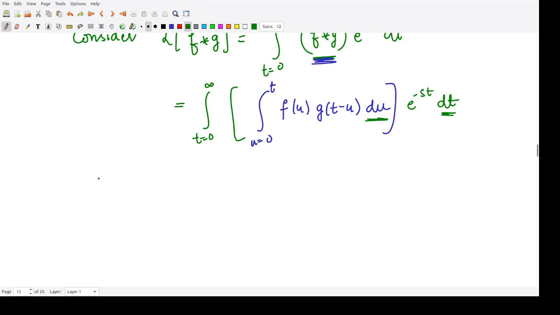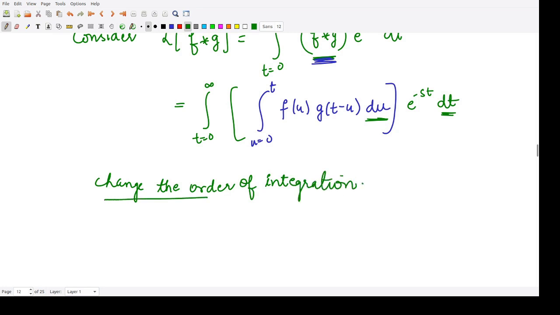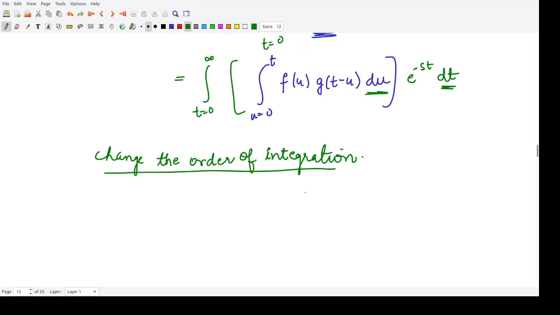Next we will change the order of integration. That means we'll first perform the integration with respect to t, and then with respect to u. So how do you change the limits? Suppose this is the line t is equal to u.